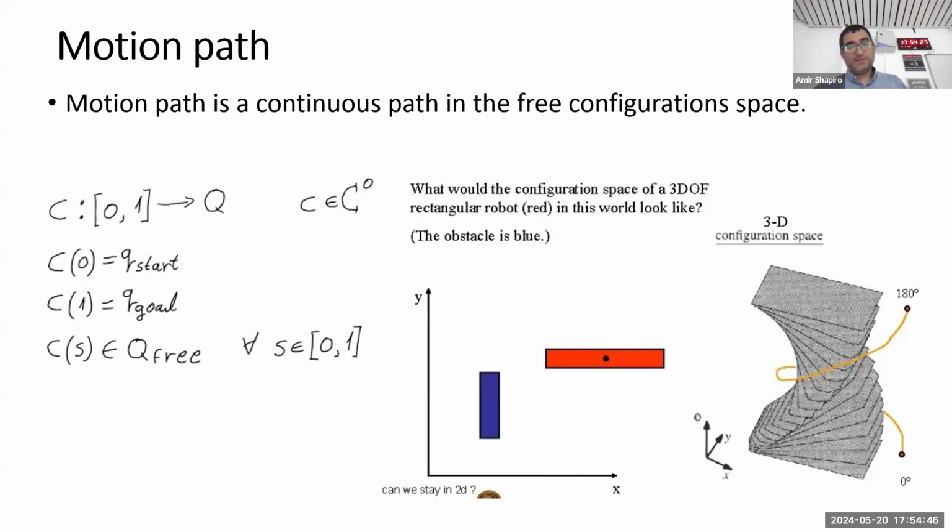So this sets the problem. This is the entire notation of what we are looking for in a motion planning algorithm, and the environment in which we are working.